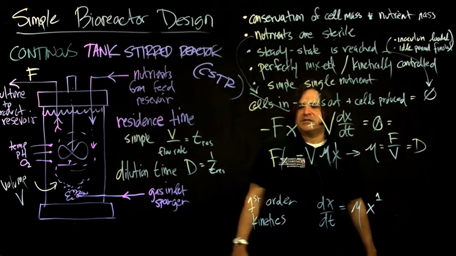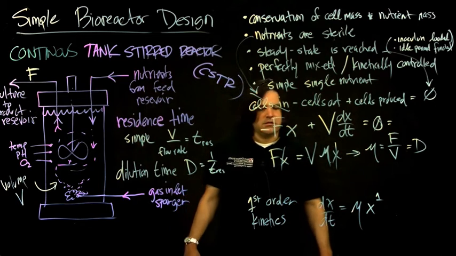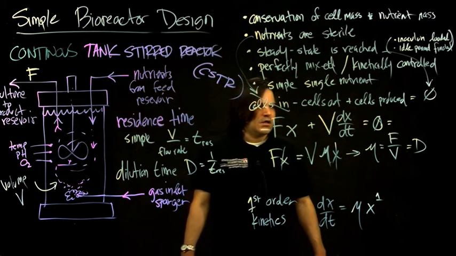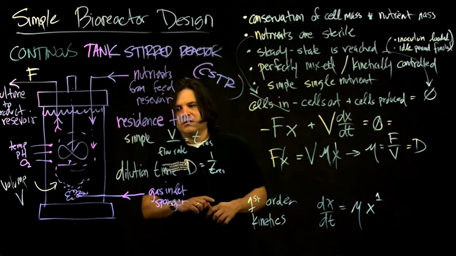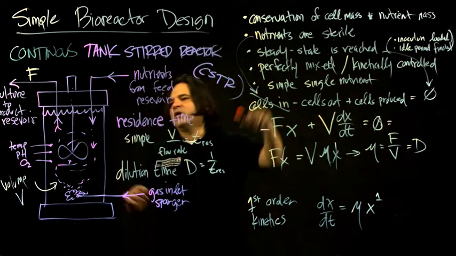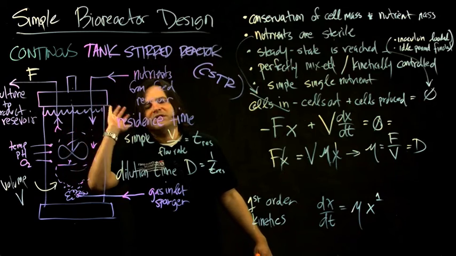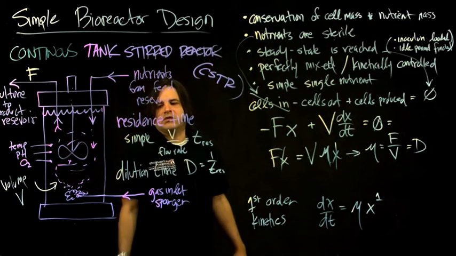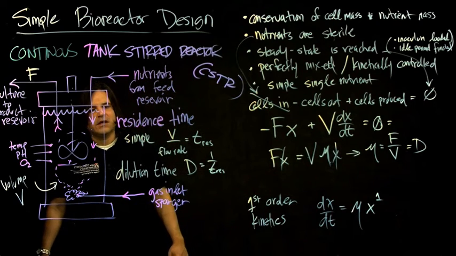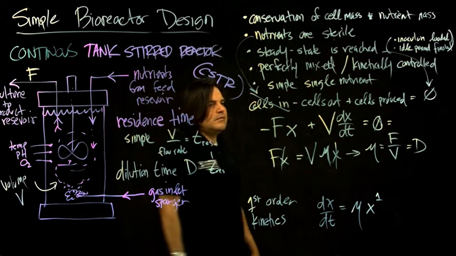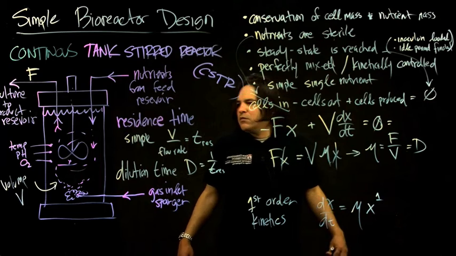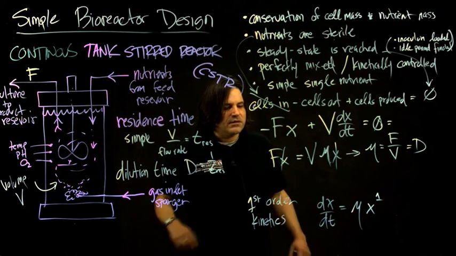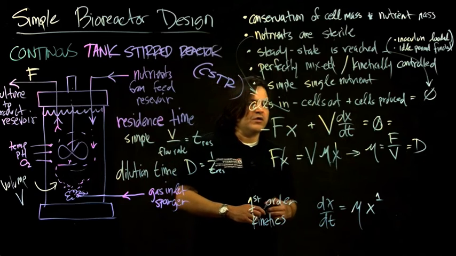So what we get is an interesting result. Under a simple analysis, which for the first order is how we're designing it, we want perfect mixing, we want a steady state, we keep the nutrients sterile, with no source of cells coming in. We can express the residence time by the dilution time of a simple in and out, the ratio of the volume to the flow rates.